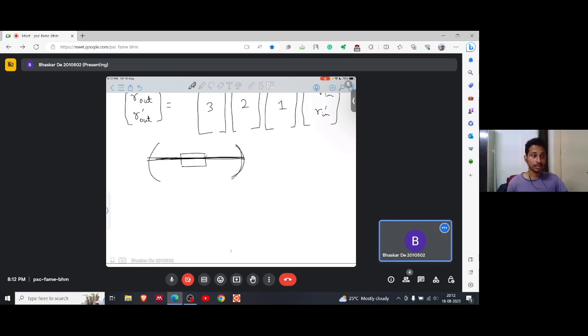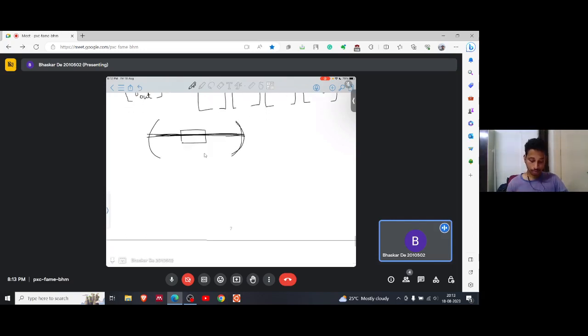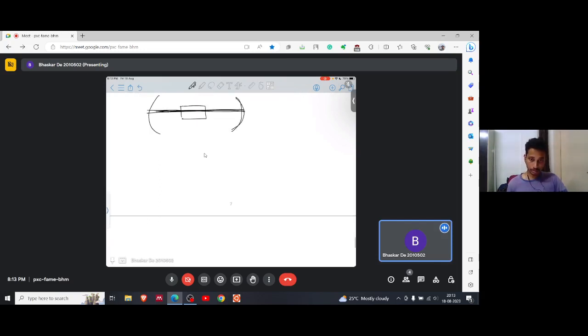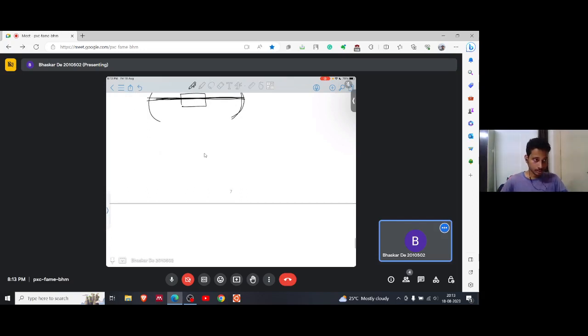That's why it is amplified using a medium. For this purpose I am just talking about this matrix method, so that when you come across this cavity, you will understand what is happening exactly.